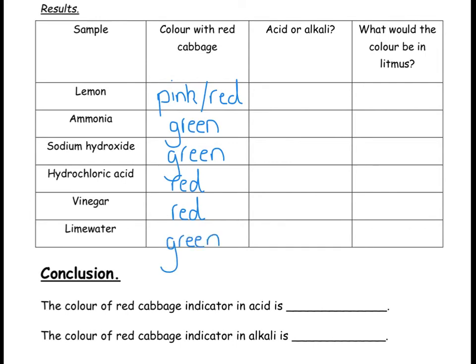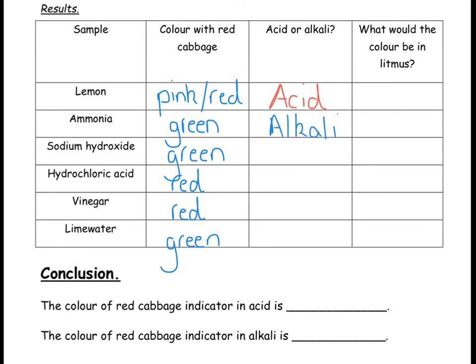Now, we've already considered these substances last week, and you might need to flick back in your notebooks to look at the colour. We said last week that lemon juice, when we tested it with the litmus paper, was an acid, if you can remember that. We said when we tested this ammonia with the litmus paper that it was an alkali.